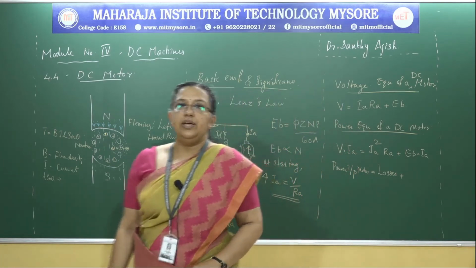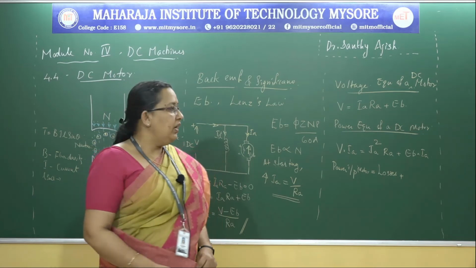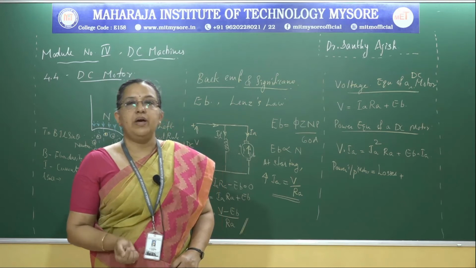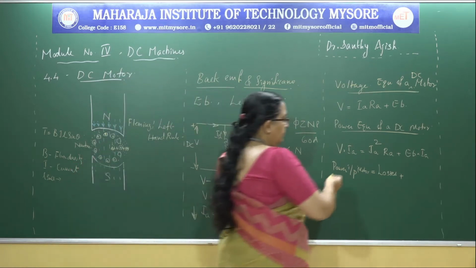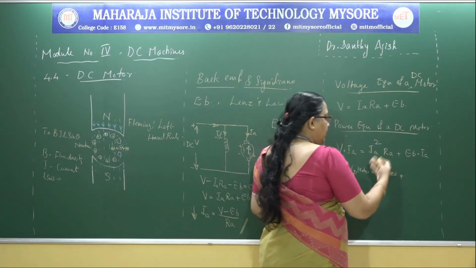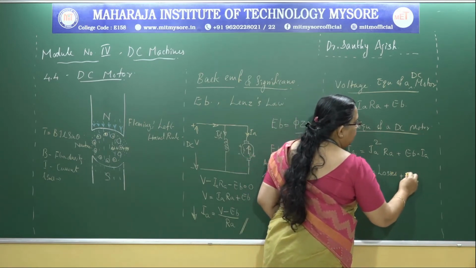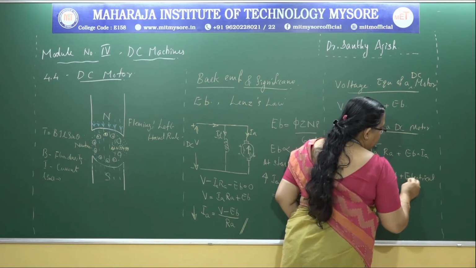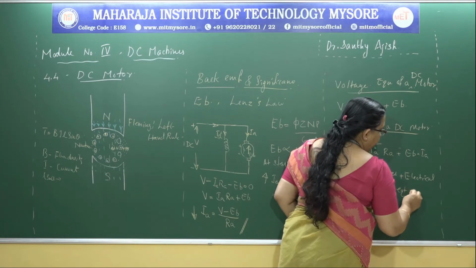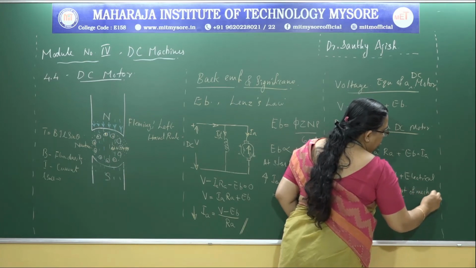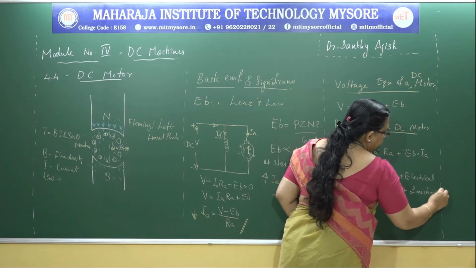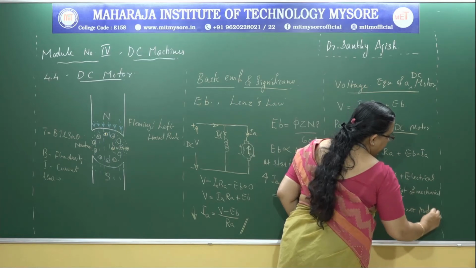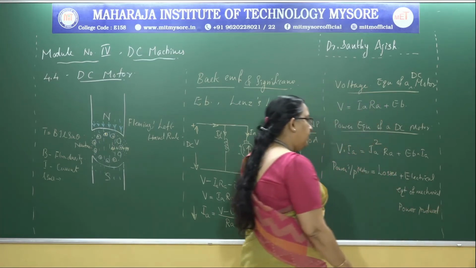EB into IA is the electrical equivalent of the mechanical power produced by the motor.